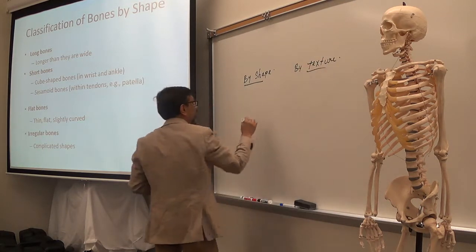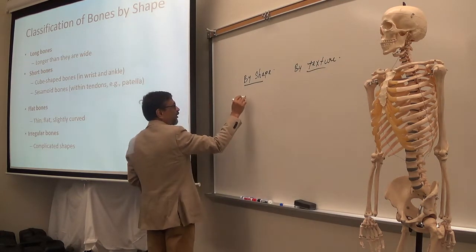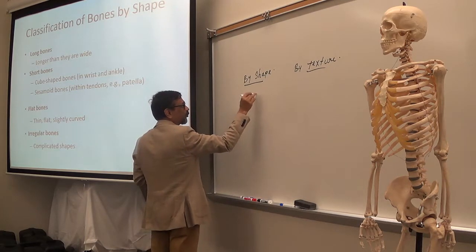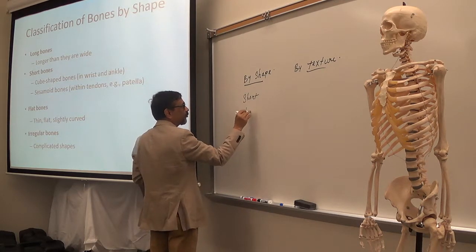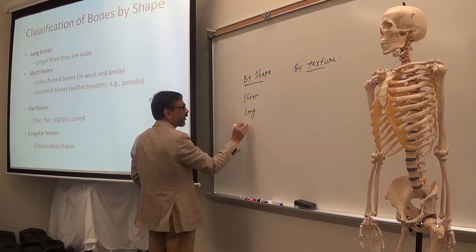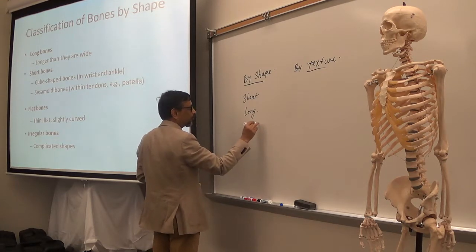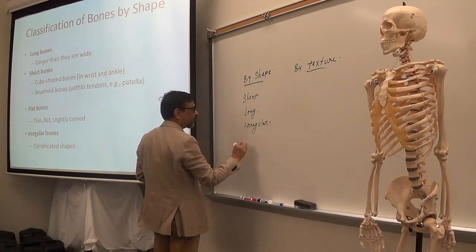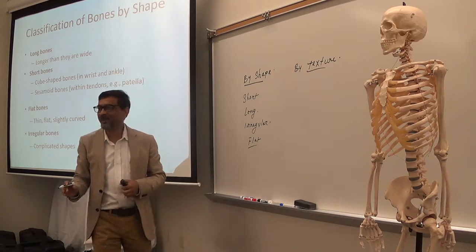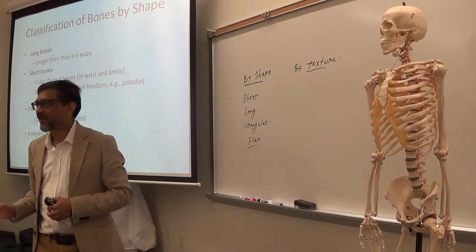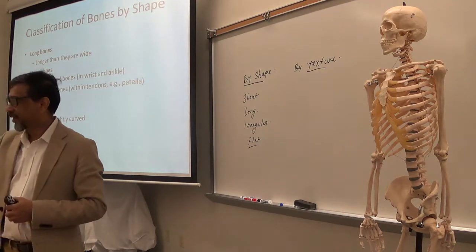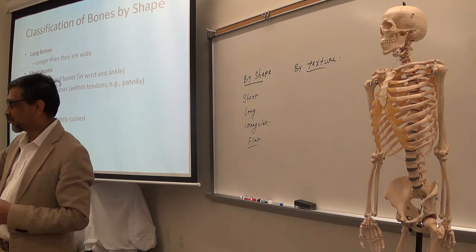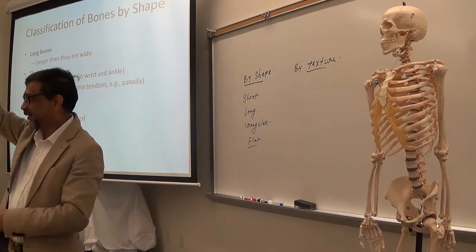Okay. By shape, we classify into short, long, irregular, flat. You have seen all different types of bones, right, in the lab. You have seen long bones. Can you give me an example of a long bone? Femur is the longest, right?